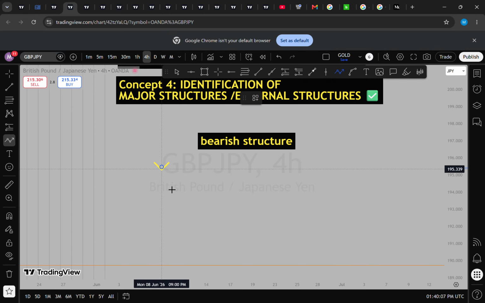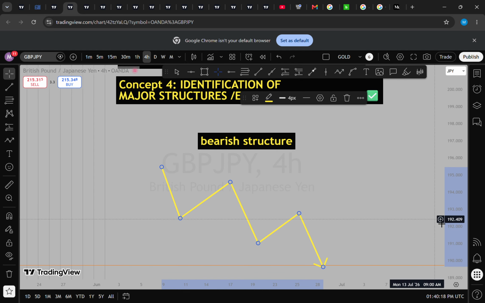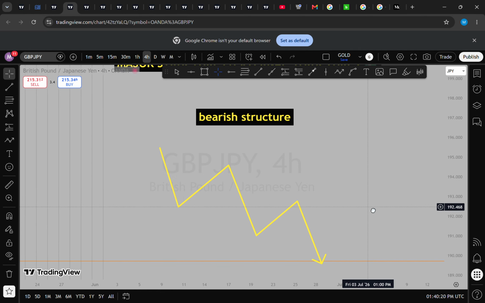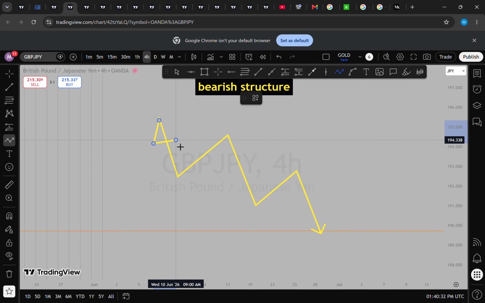Say for instance, this is our bearish structure. Now we have this as a structure. So we have this as an internal structure.